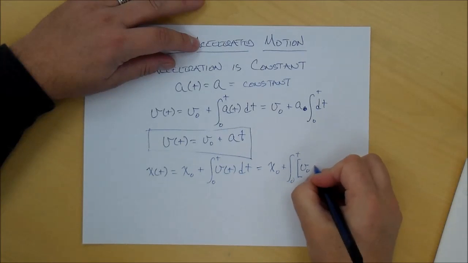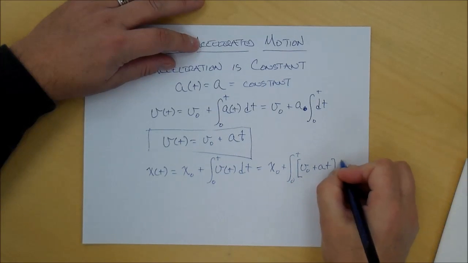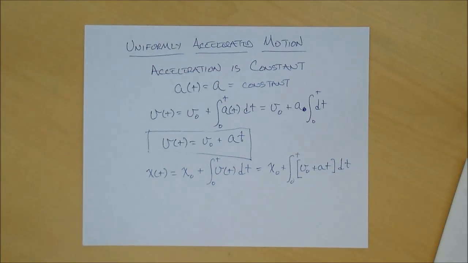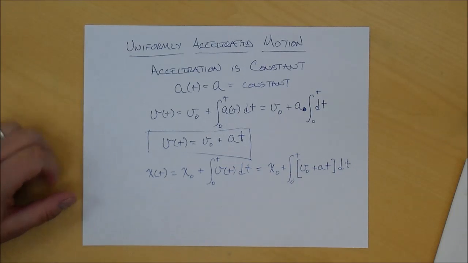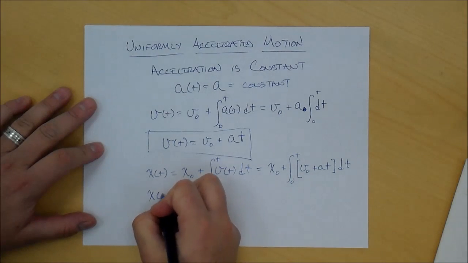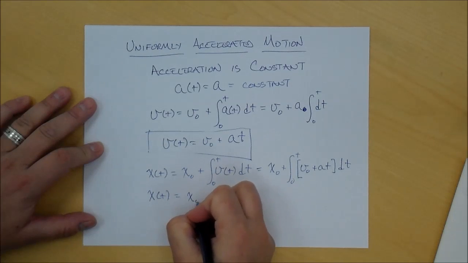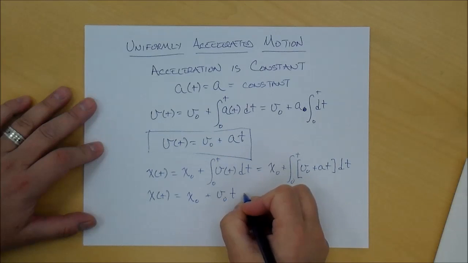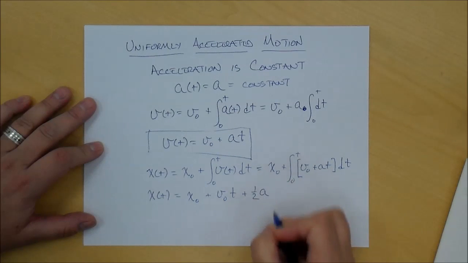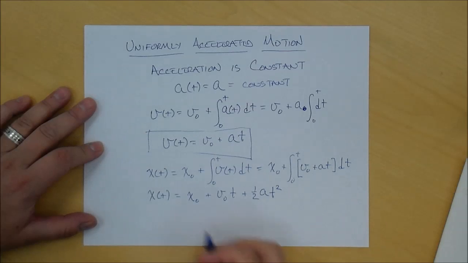It's v naught plus a t dt. All right, and you probably recall how to do the integral. It's a simple linear equation that you can integrate, and the result is that the position as a function of time is equal to the initial position x naught plus v naught t plus 1/2 times the acceleration t squared.